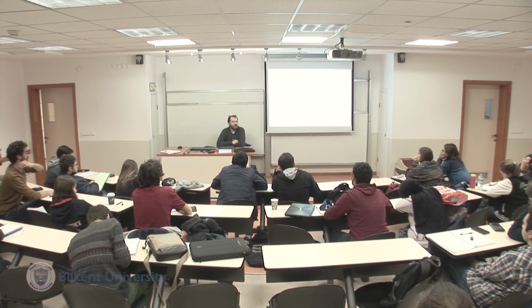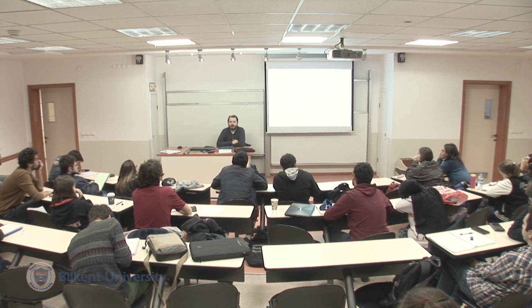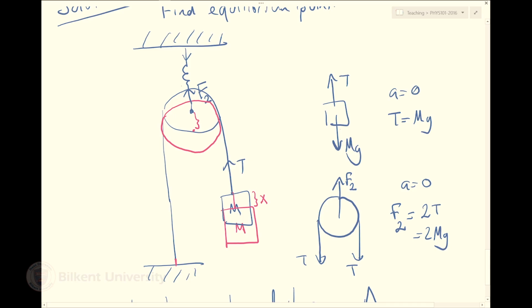How much has it moved down if the mass has moved down by x? It must actually move down by x over 2, right? Because it has two sides. The spring actually has to stretch by x over 2 to accommodate the motion of the mass by x.